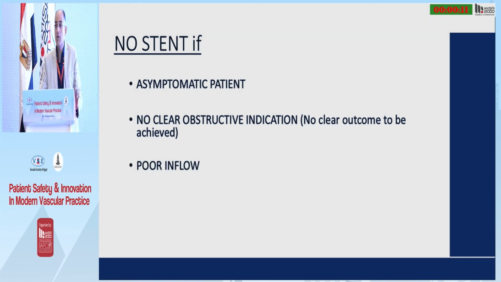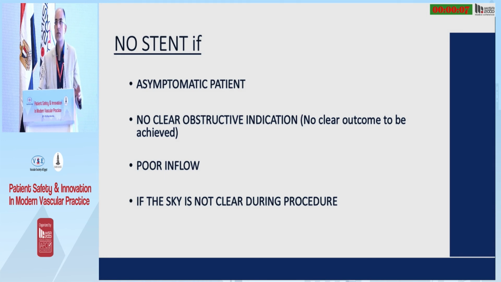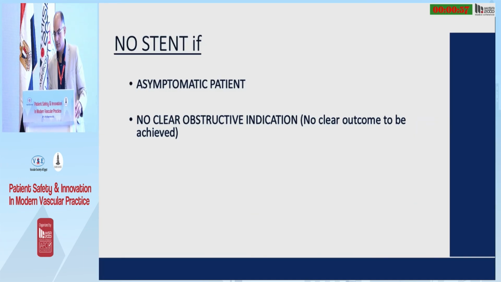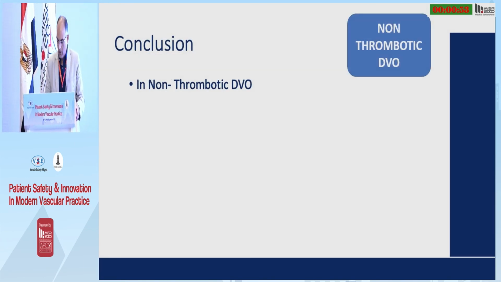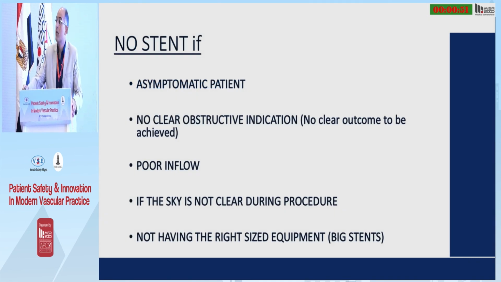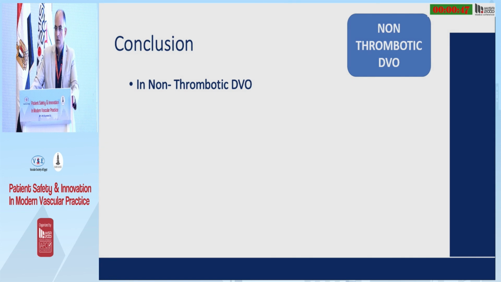If you have poor inflow, never stent. If the sky is not clear during the procedure, if you see some ascending lumbar, it's vague, you don't know where you are, do not stent. It's better not to stent the patient rather than stent and regret. If you don't have the right size stent, please do not put an undersized stent, never. So these are the no stents.